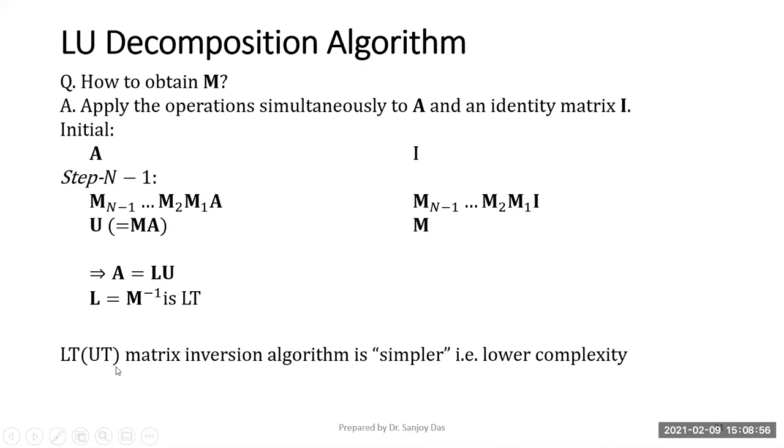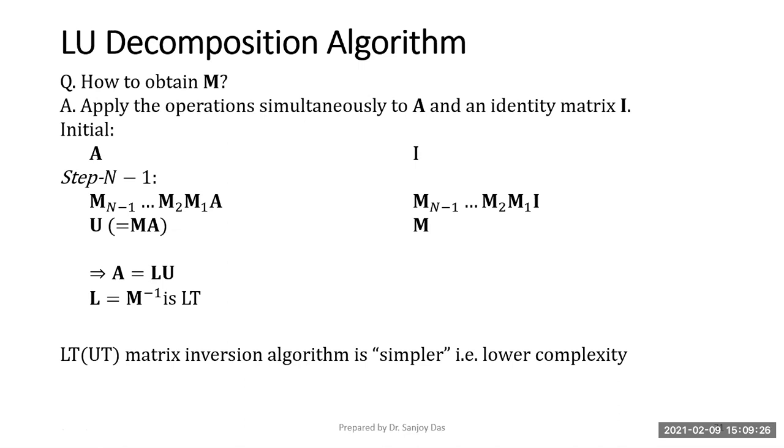Now the question is, M inverse must be hard to compute, right? The answer is no. Matrix inversion in general is very hard. It involves a high algorithmic complexity, but inverting a lower triangular or an upper triangular matrix is actually simpler. You need fewer steps.